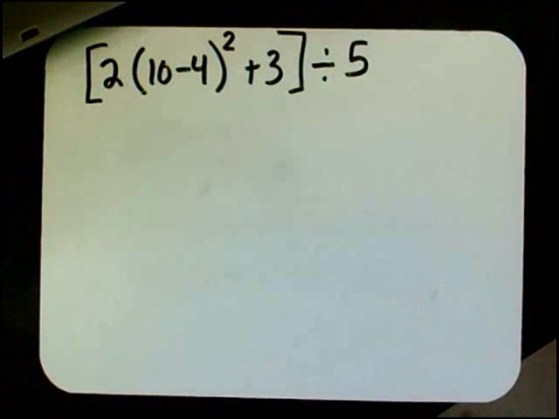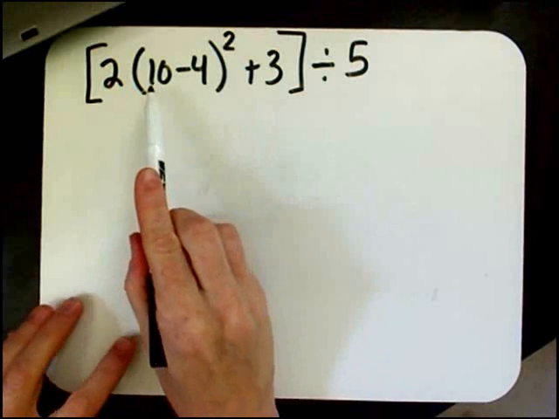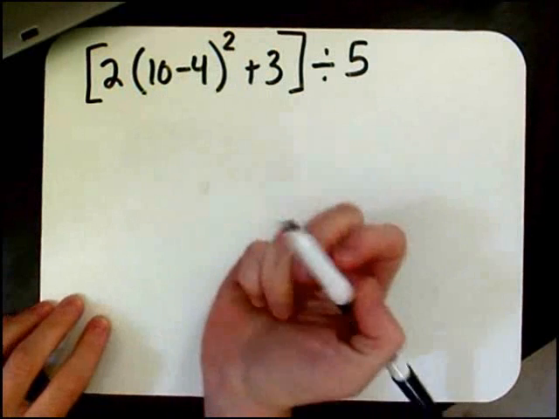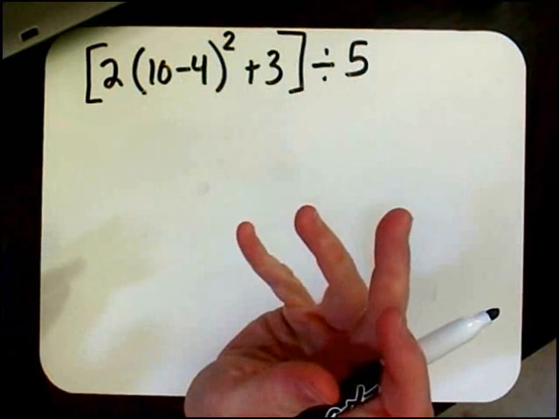So when we're looking at this, we have brackets and parentheses. So the first thing we need to do is evaluate what's inside the innermost grouping symbol. So in this case, we have 10 minus 4. So we know 10 minus 4 is 6.